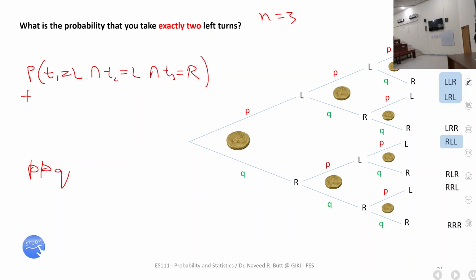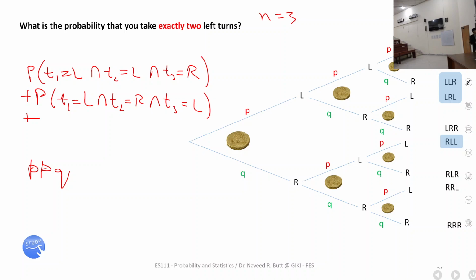Now tell me the probability. T1 equals left, intersection T2 equal to right, intersection T3 equal to left. So this is also exactly 2 lefts. And then the third one, RLL: first took right, then left, left. So is it PPQ or something else? Plus. Again, there is a third one here, and each one is again independent, so you can again separate them.